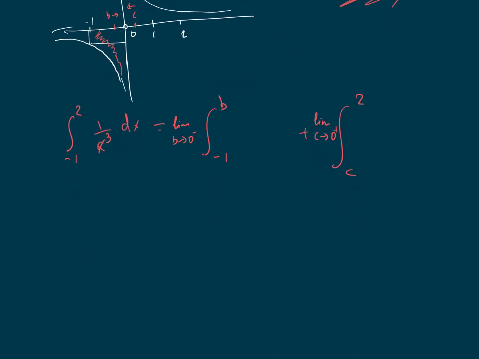Now I can do the integral. It will be the limit when v goes to 0 minus of the integral from minus 1 to v of 1 divided by x cubed dx, plus the limit when c approaches 0 plus of the integral from c to 2 of 1 divided by x cubed dx.